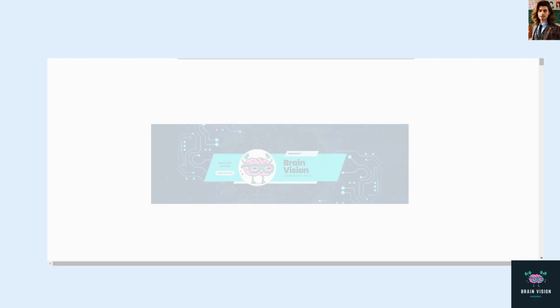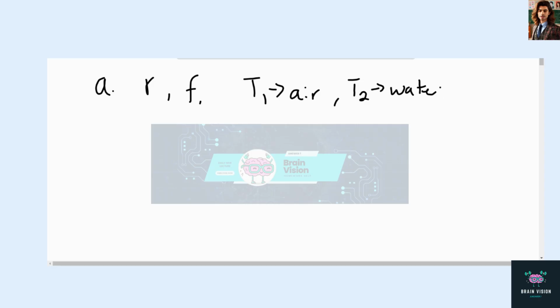So to start this part of the problem off, the variables that we're concerned with are r; f, the frequency of the string; T1, the force of tension when the sphere is suspended in air; T2, the force of tension in the string when the sphere is suspended in water; the length of the string, L; and mu, the mass per unit length of the string.